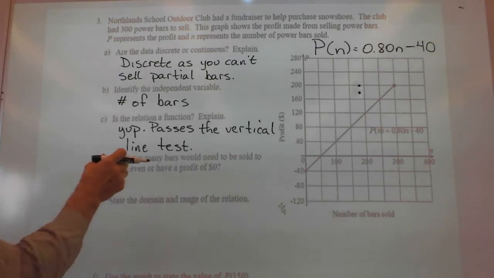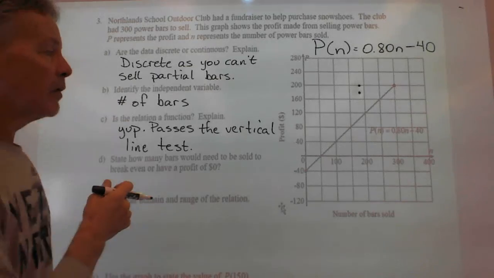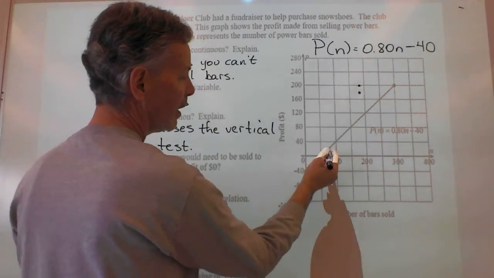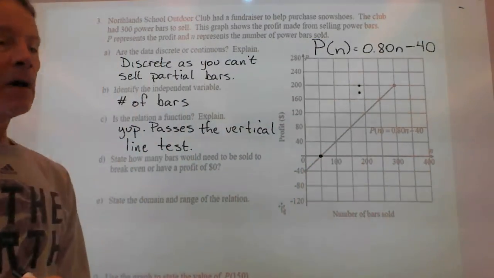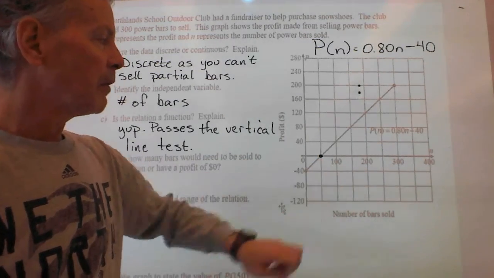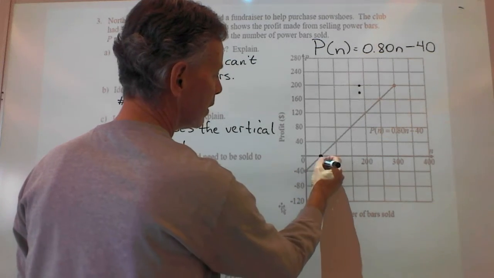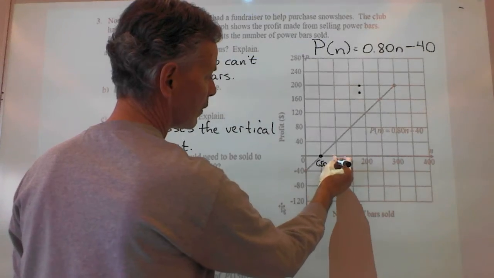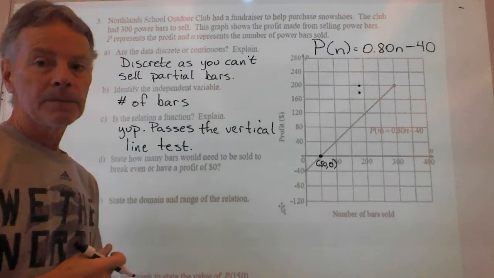So we could do that, or we could just take the lazy way out, knowing that profit is our y variable. If the profit is 0, how many chocolate bars do we have to sell? Well, it looks like this goes up by 50s. So this point right here is 50 and 0, right? 50 chocolate bars, $0 profit.